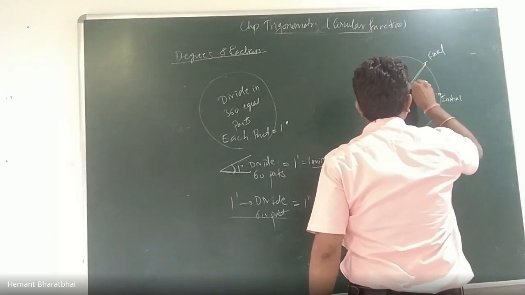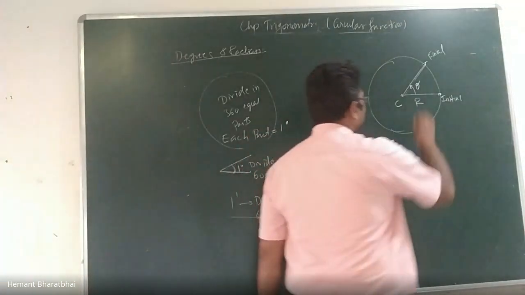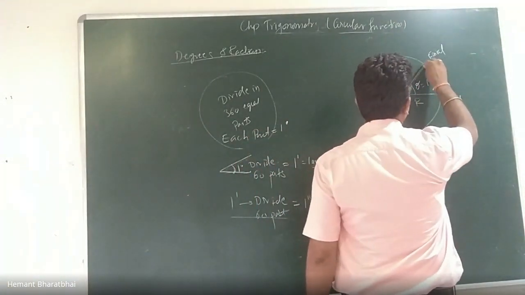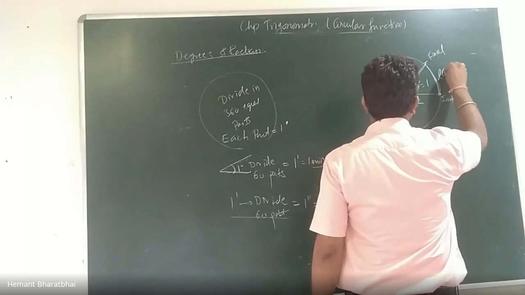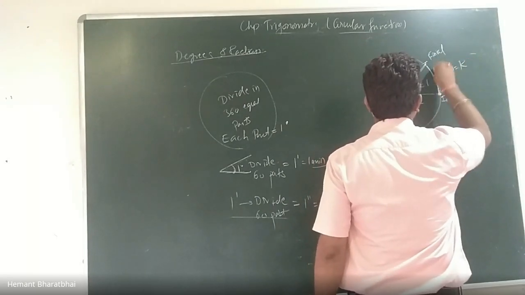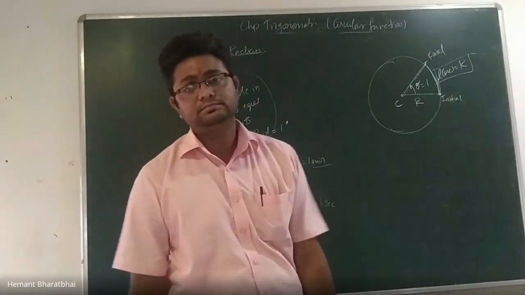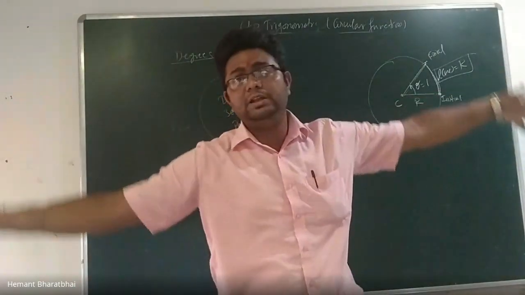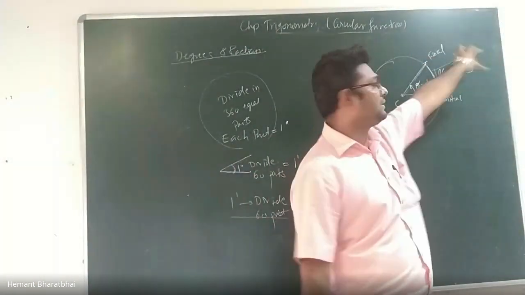Between the initial and final position, there will be an angle. This angle will be called 1 radian if this length of arc is equal to the radius of the circle. Whatever bigger value you take, this will always remain 1 radian. Why? Because I'm saying length of arc is equal to radius.